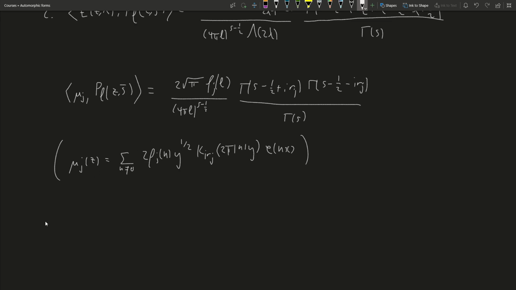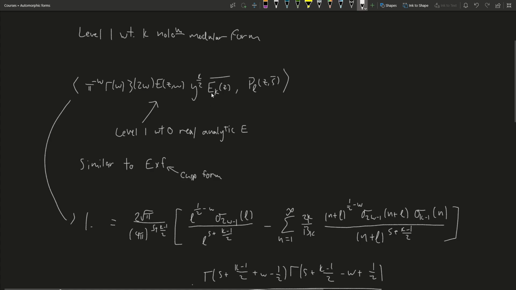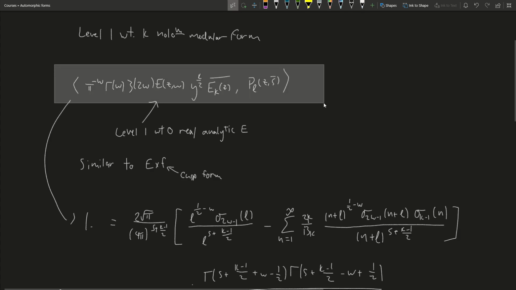So the more interesting bits are going to come from inner products that actually use what we're looking at. So I will just copy paste this for speed.